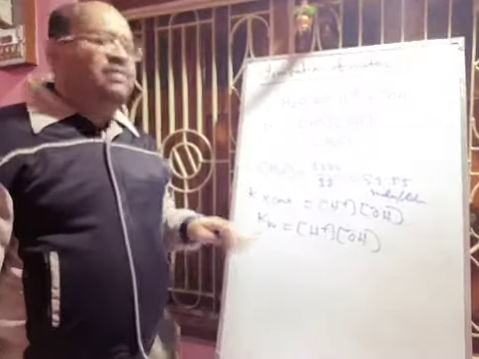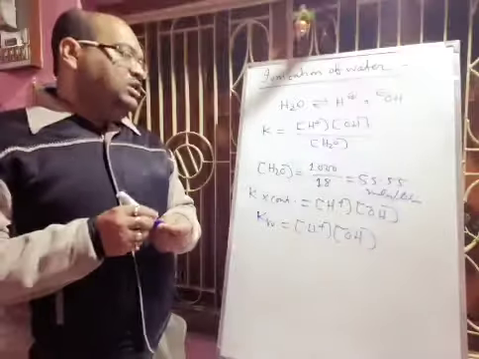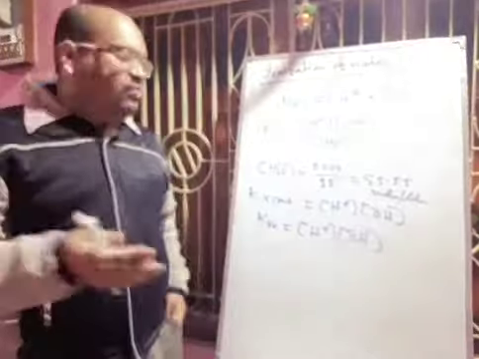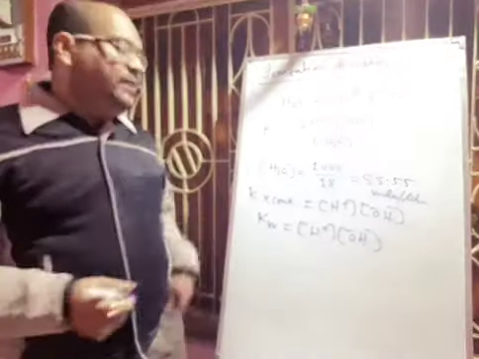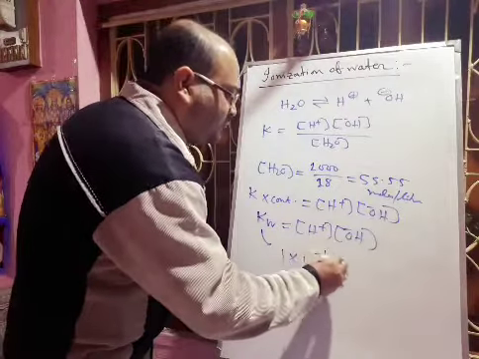Now the value of Kw is constant as long as the temperature is constant. In your book it is given that at 22 degrees centigrade the value of Kw is equal to 1 into 10 to the power minus 14.